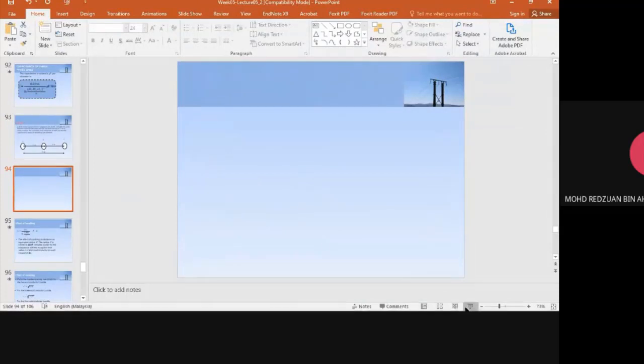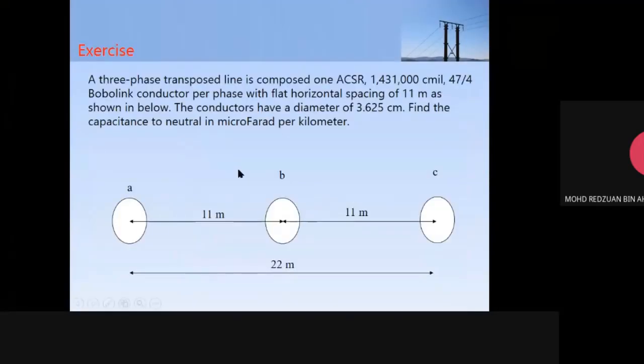So we have this arrangement. Transposed line. This is the cross-sectional area. This is the type of the conductor. Spacing 11 meters. This one 11 meters. Then the diameter is this value.